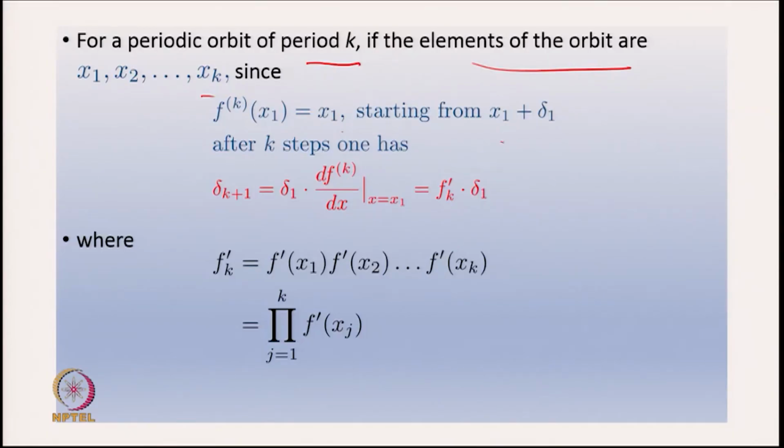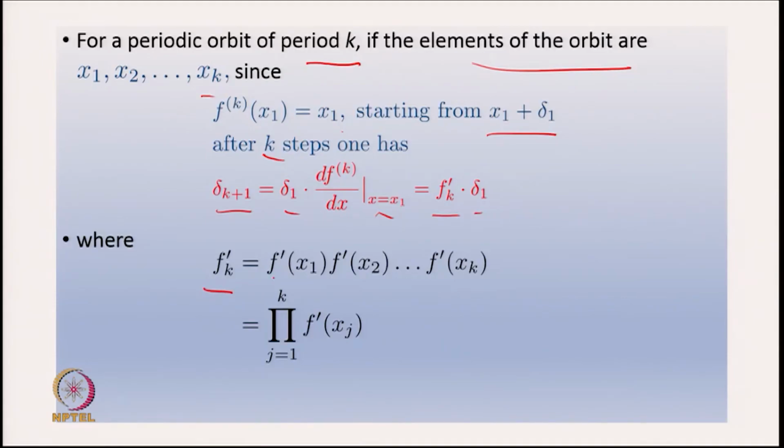So, if we start with the point x1 plus delta 1, after k steps one has delta k plus 1 is delta 1 plus the derivative of f^k with respect to x evaluated at this point, which is just the same as f prime of k at delta 1 times delta 1.